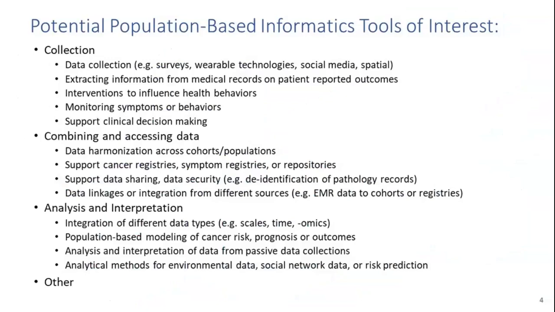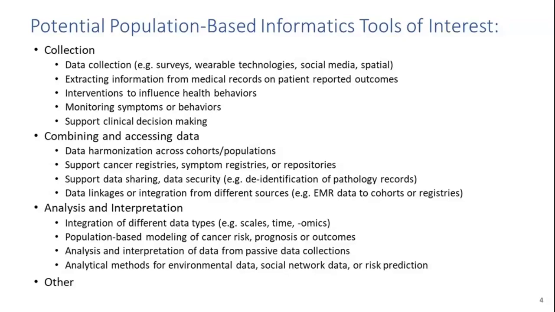And you can imagine that there are several different types of tools that may be of interest to population scientists. I've summarized some here on this slide, and I'll only have time to go through a few bullets. These tools will include things like collection tools that support data collection, such as from surveys, wearable technologies, or social media or spatial data, or tools that support the extraction of information from medical records on patient-reported outcomes.